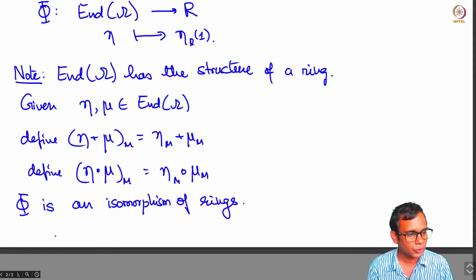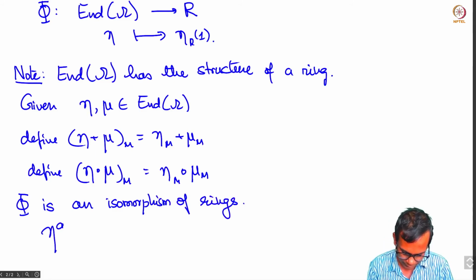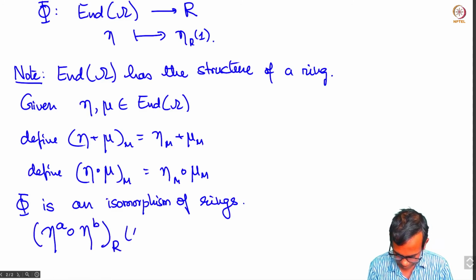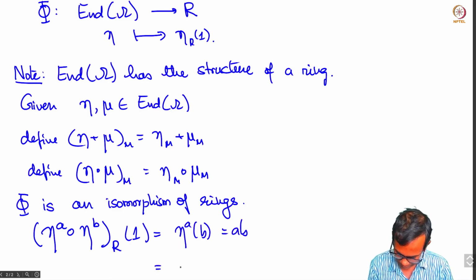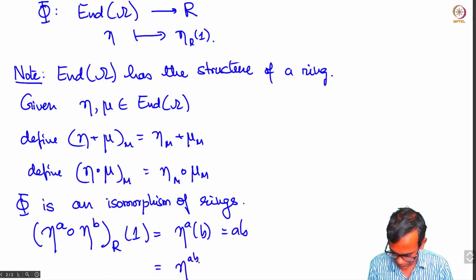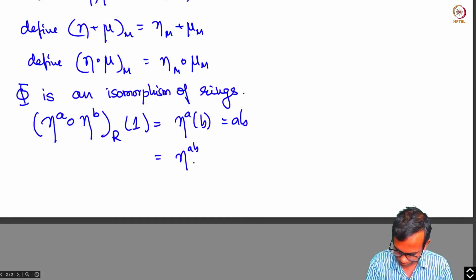The main thing to check is that if you take eta superscript a circle eta superscript b, then this thing at 1 is eta^a of b, which is ab, which is the same as eta superscript ab at 1.